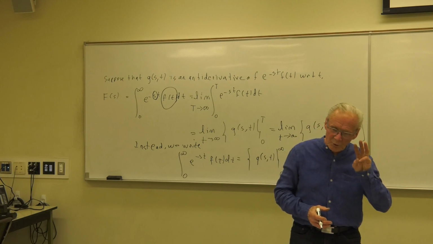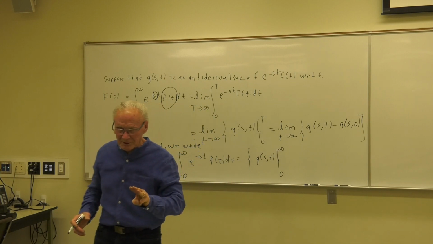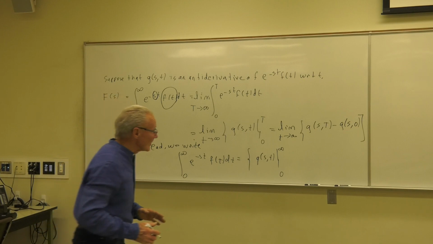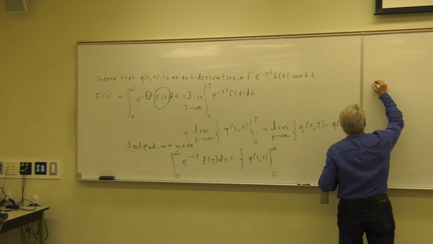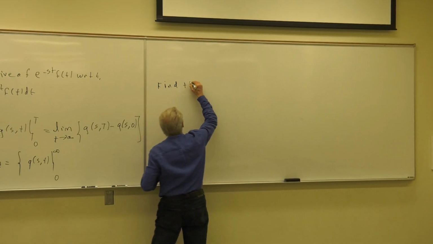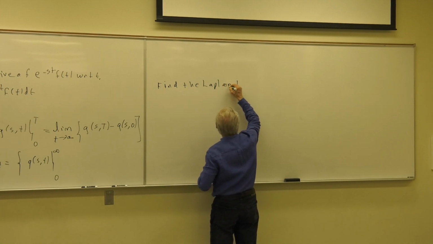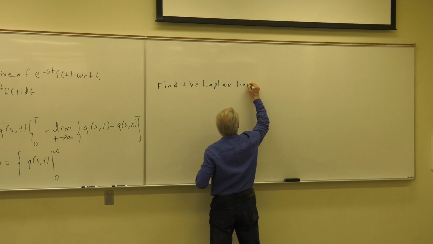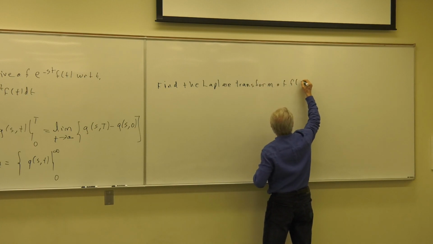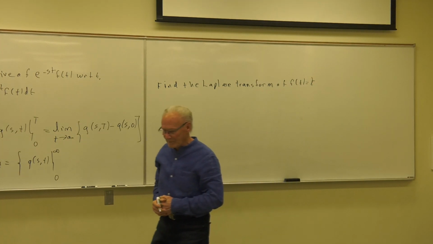So I'm going to do three examples. They're going to point us in the correct direction on what kind of properties f must have to have a transform. So it's three simple examples. First one, find the Laplace transform of f of t equals a nice simple little function, t.